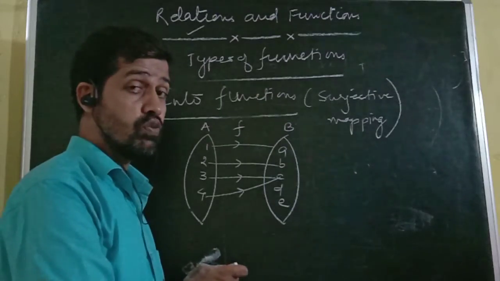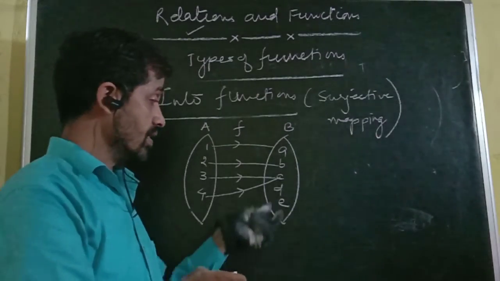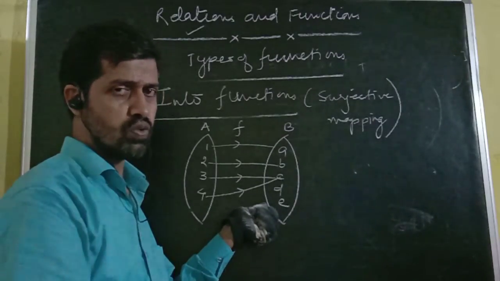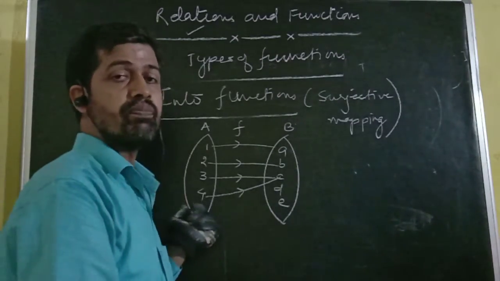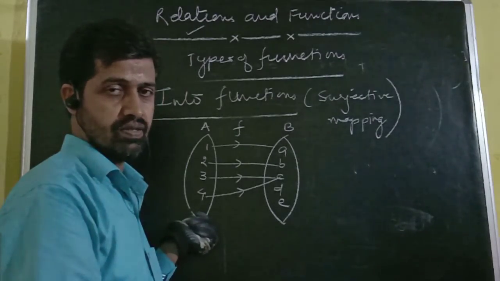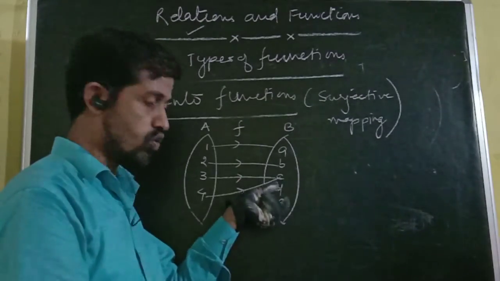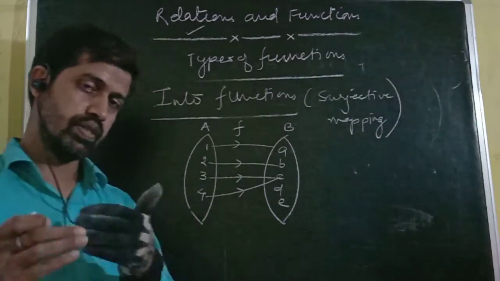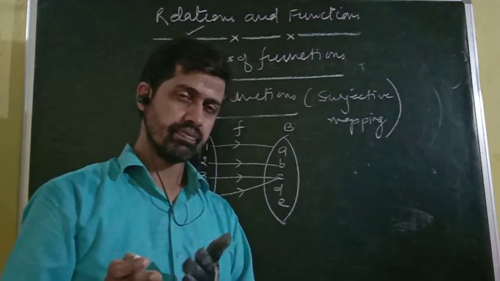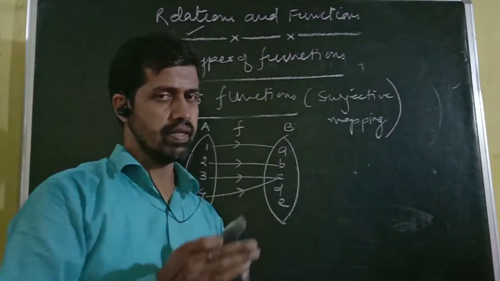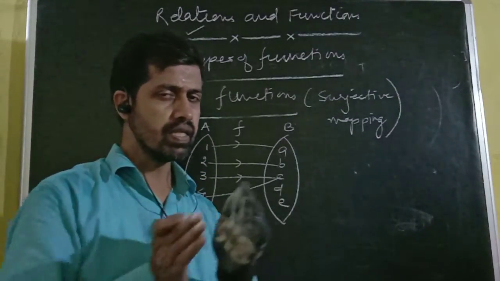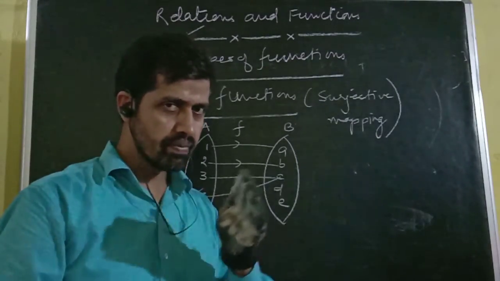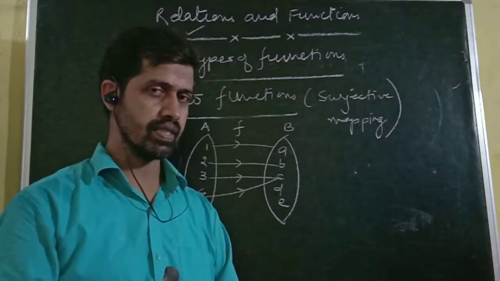So in the case of into functions, one or more than one elements of the codomain do not have their pre-images. This you can understand by a simple example. On a particular day, out of 50 students, 30 students of class 12th turned up. I am continuing with the previous example that I had started with.